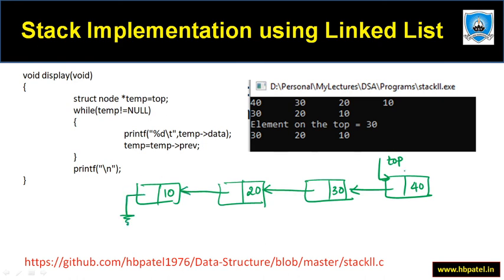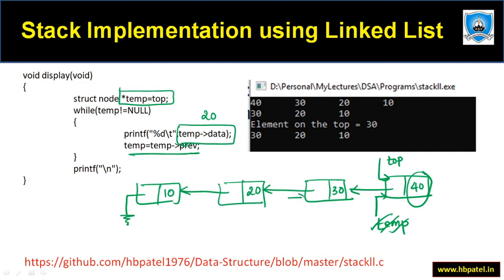So what you do, you start a temporary variable from top, and every time I will print temp arrow data. Initially this one is 40, and then I move temp equal to temp arrow previous. So now this temp is moved to this place.